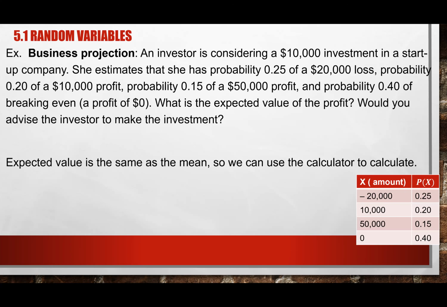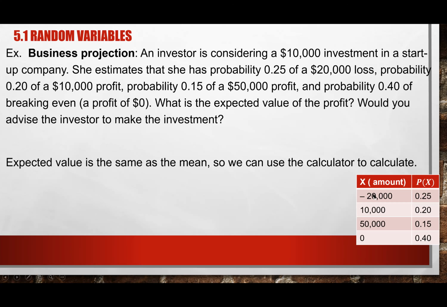They tell us that we have a probability of 0.25, and because it's a loss, we have to put in a negative, so the loss is negative 20,000. Then 0.2, and the profit is 10,000, and vice versa. 0.15, the profit is 50,000, and 0.4, the profit is 0.